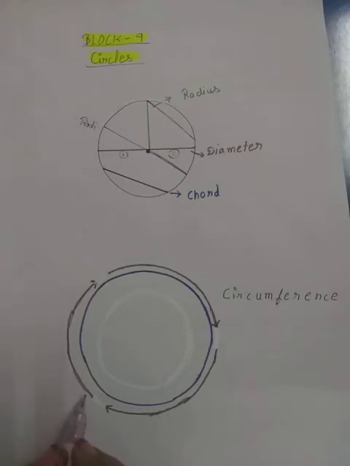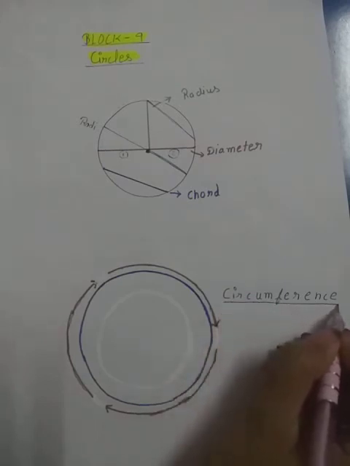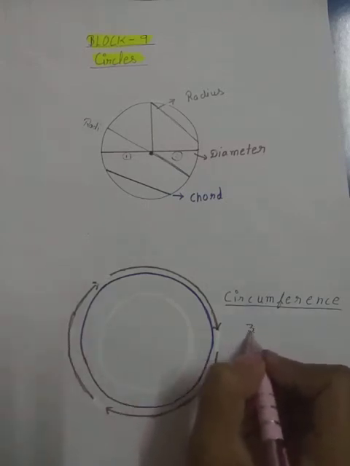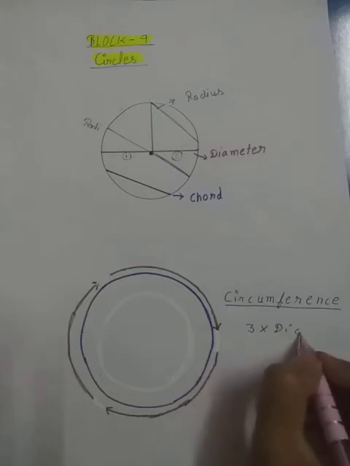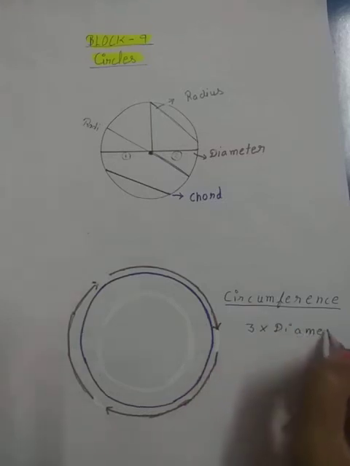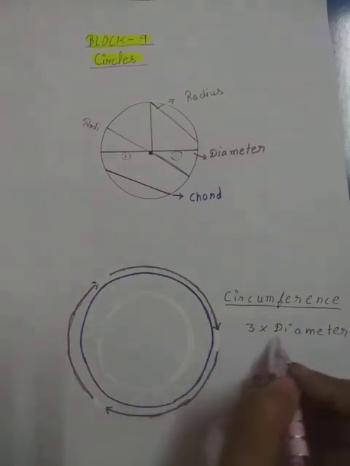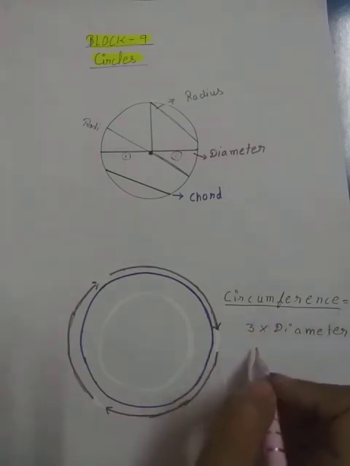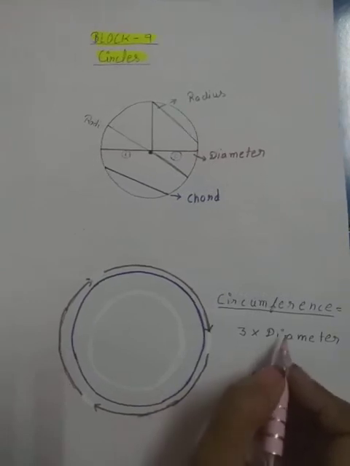This one is the circumference. And how can we find the value of circumference? If we multiply the diameter by 3, the value of the circumference will come. What is the diameter?